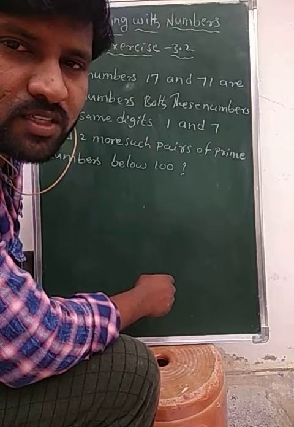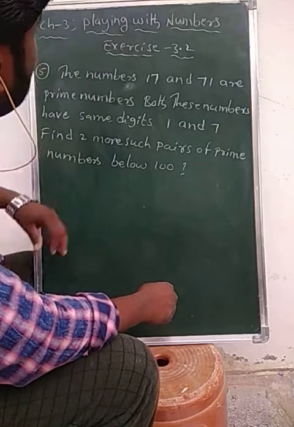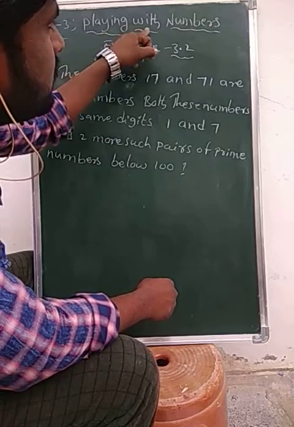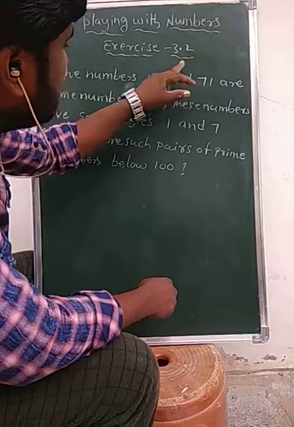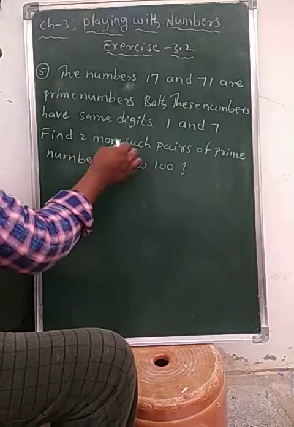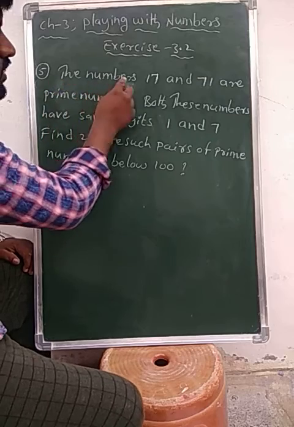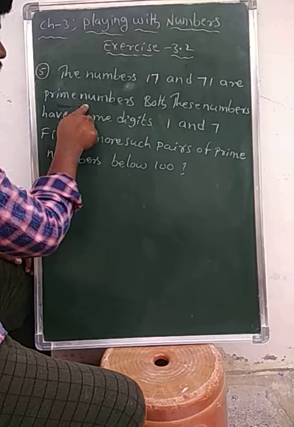Good afternoon, students. Today we are going to discuss chapter 3, Playing with Numbers, exercise 3.2. In the fifth question, the numbers 17 and 71 are given as prime numbers.